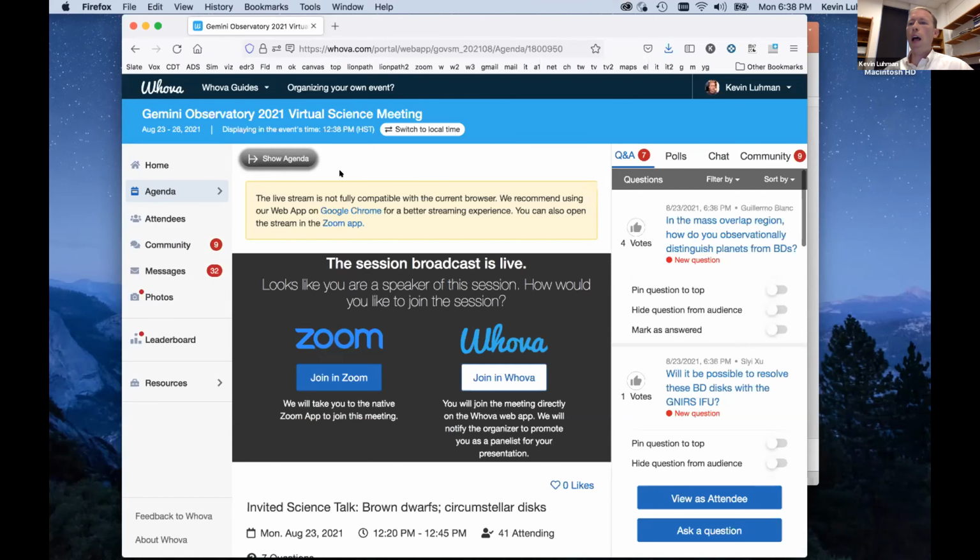So it's unlikely that the disks would have enough mass to make gas giants, but you could definitely form rocky planets around these low mass brown dwarfs. So if these planetary mass brown dwarfs have planets around them, they're almost certainly rocky rather than being gas giants.